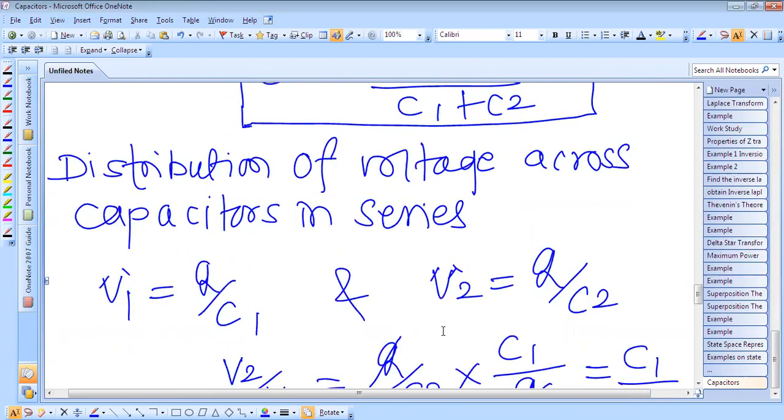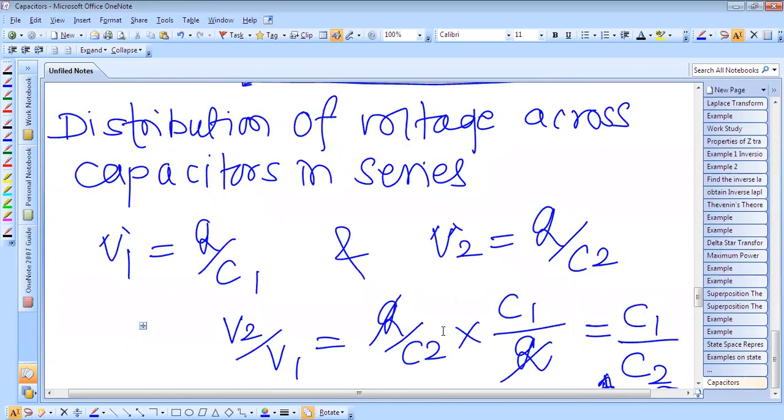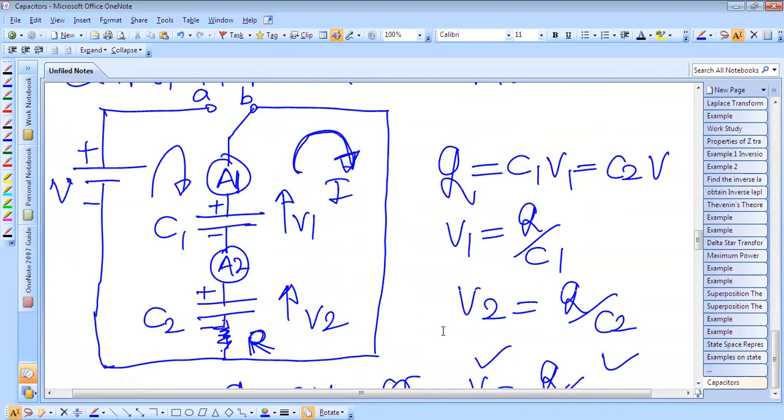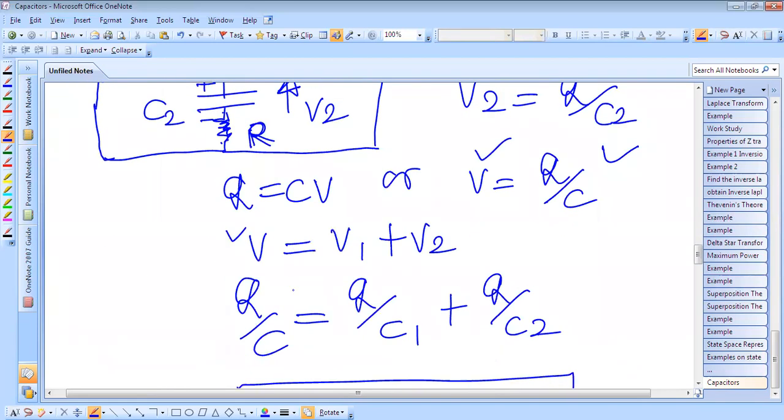Now the distribution of voltage across capacitors in series. When the capacitors are connected in series, how is the voltage distributed across capacitance C1 and capacitance C2? The total voltage is V, but we also have to find the voltage across capacitance C1 and the voltage across capacitance C2.